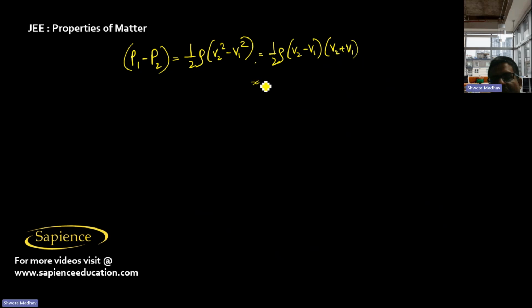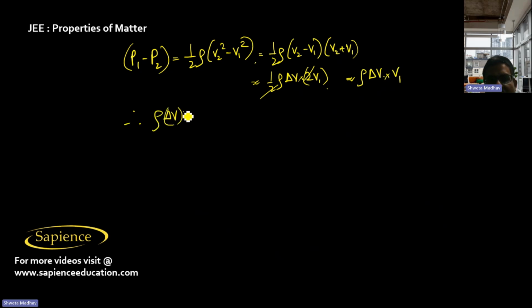This is approximately half rho into delta V into 2V1. So 2 will cancel, which is approximately rho delta V into V1.